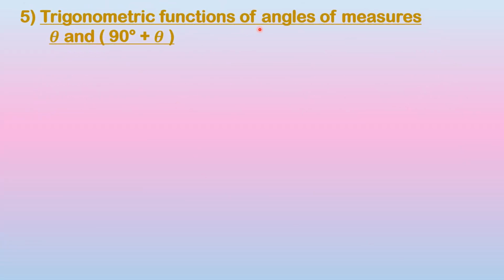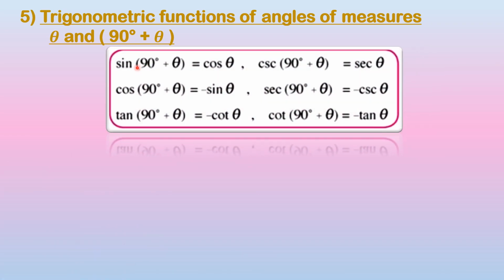Number 5, trigonometric functions of angles of measures theta and 90 plus theta. Sine 90 plus, so we see 90.